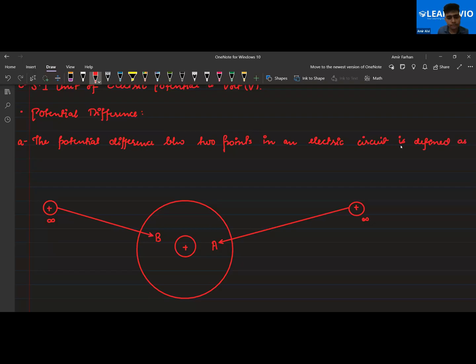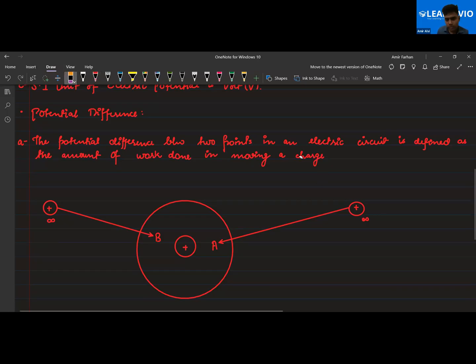It is defined as the amount of work done in moving a charge, or unit charge.